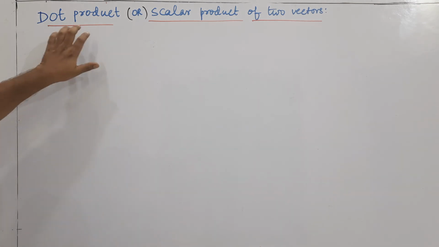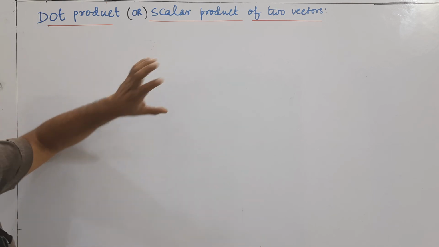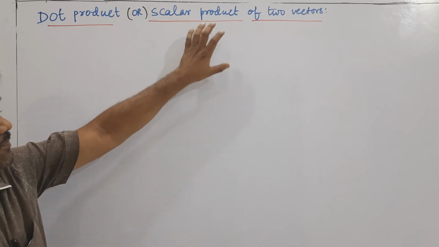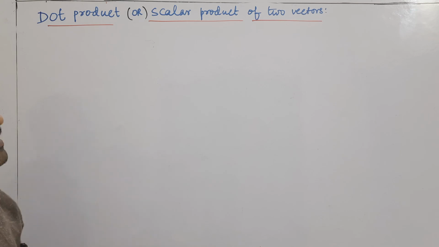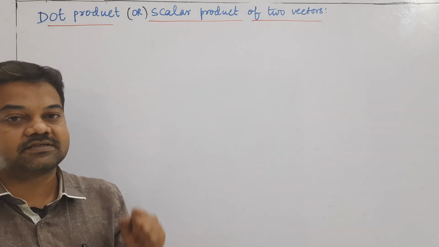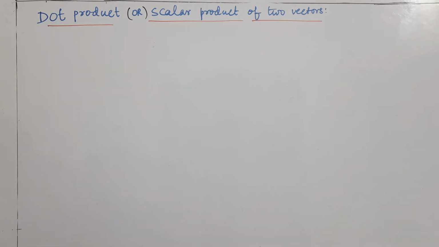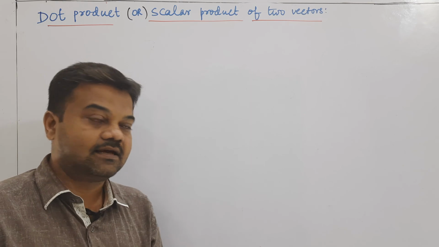Suppose we take two vectors and multiply them, and if that product is a scalar, then we call it a dot product or scalar product of two vectors. అంటే రెండు వెక్టర్స్ని మల్టిప్లై చేస్తే మనకు we can get vector as well as scalar.